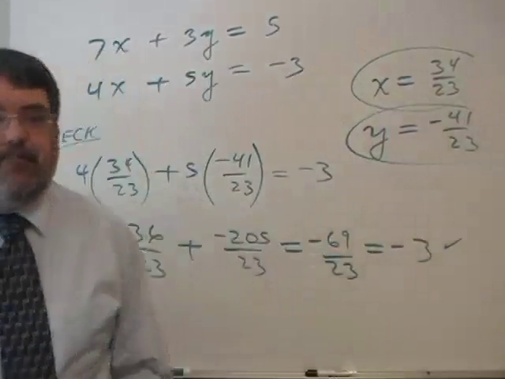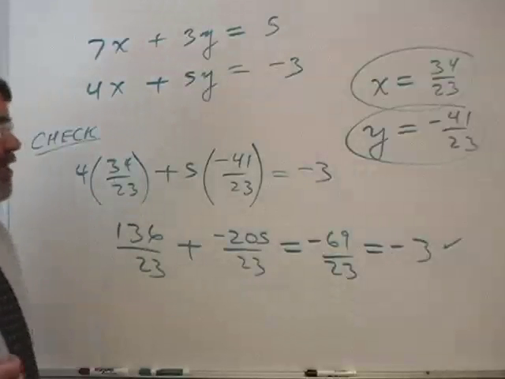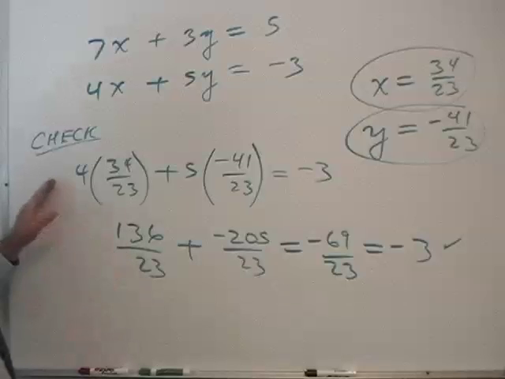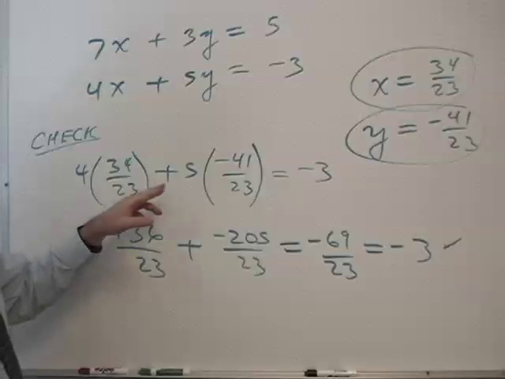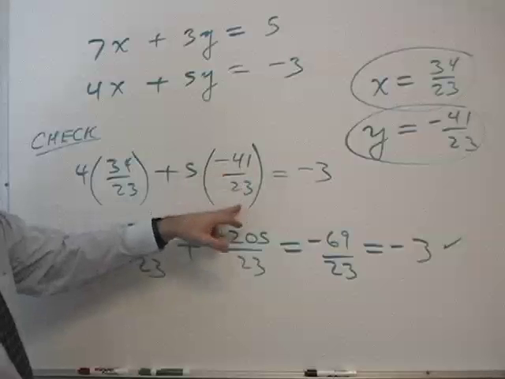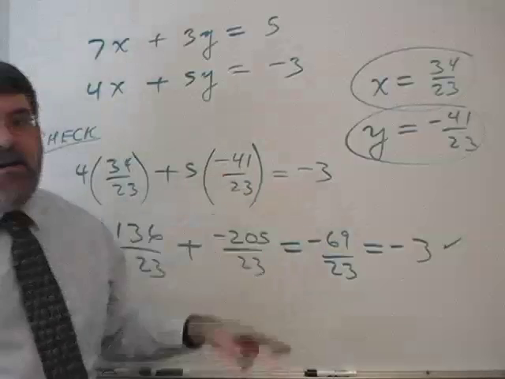All this can be done on a calculator, your check. For example, to enter this on a calculator, it would be 4 times 34 divided by 23 plus 5 times negative 41 divided by 23, hit equal.